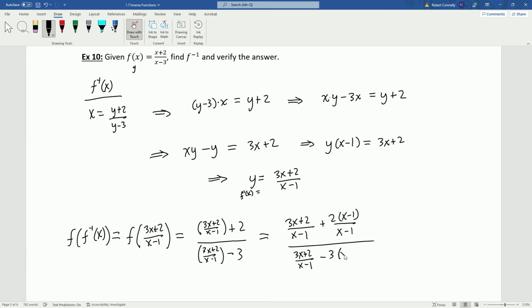I'm going to multiply 3 by x minus 1 over x minus 1. So now, in my numerator, I get 3x plus 2 plus 2x minus 2, all over x minus 1, divided by 3x plus 2 minus 3x plus 3, over x minus 1.